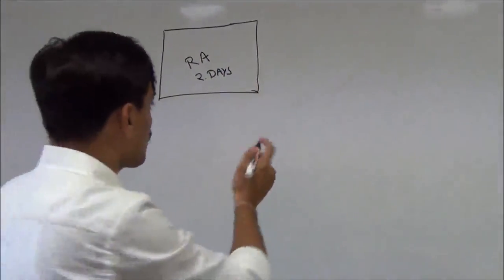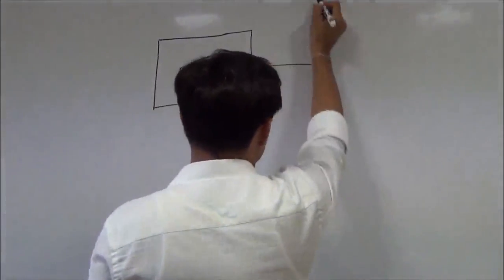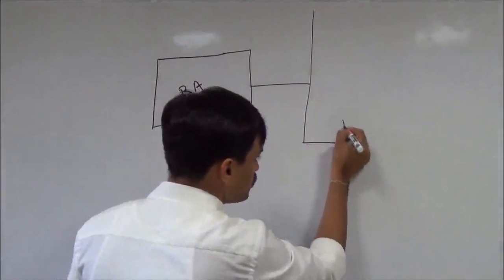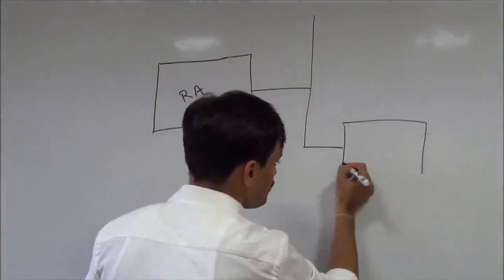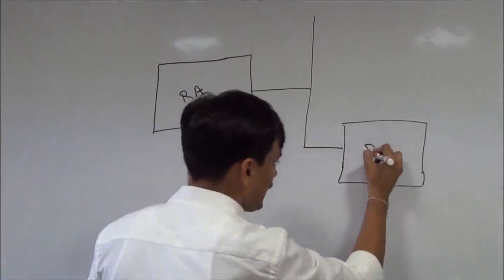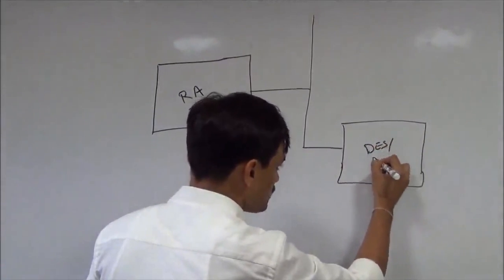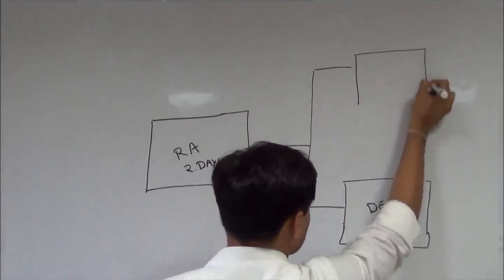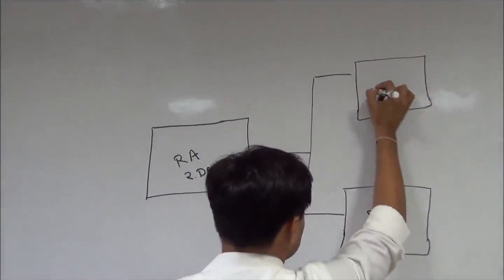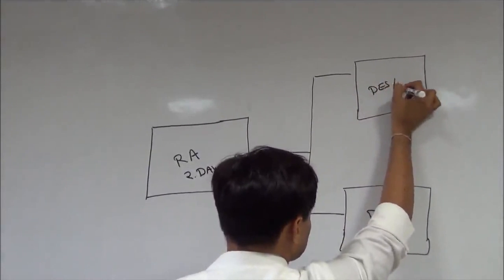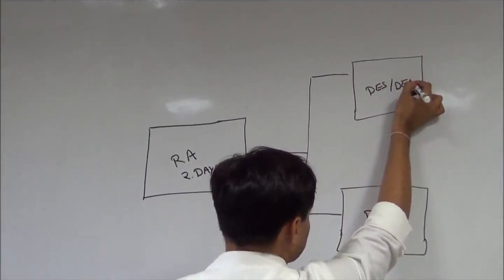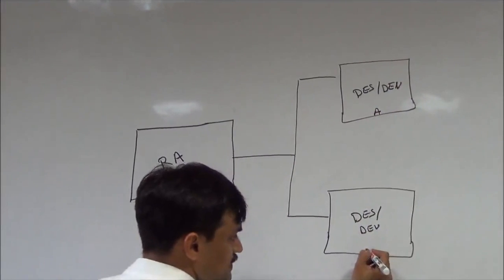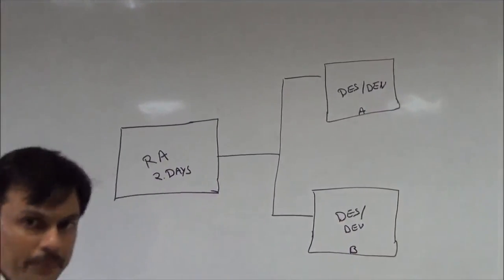Once we are done with the requirement, we can start both the modules in parallel, and these modules will have an activity for design and development. We can say that this design and development is happening for module A, and this design and development is happening for module B.